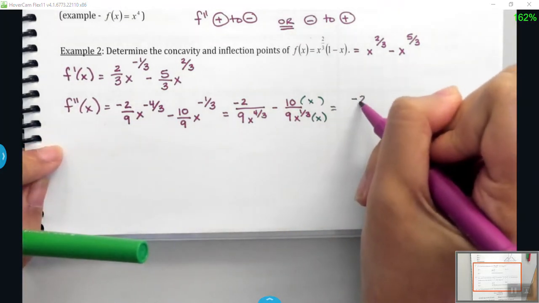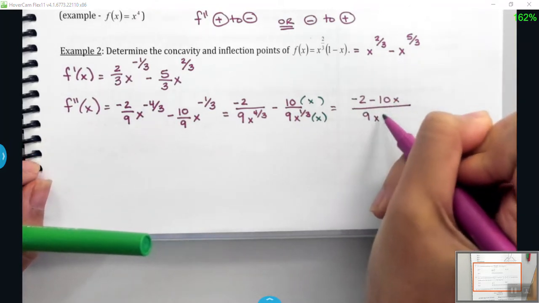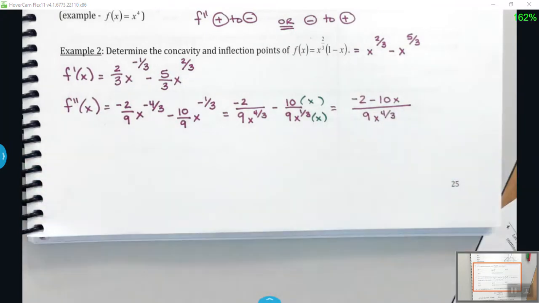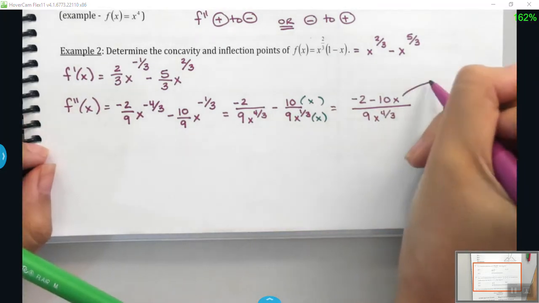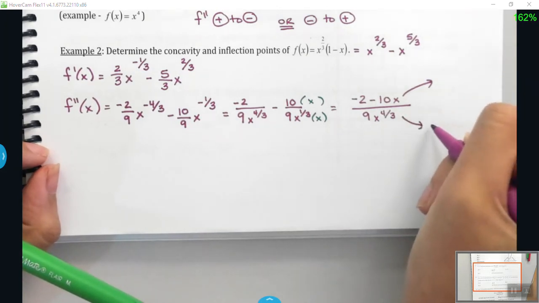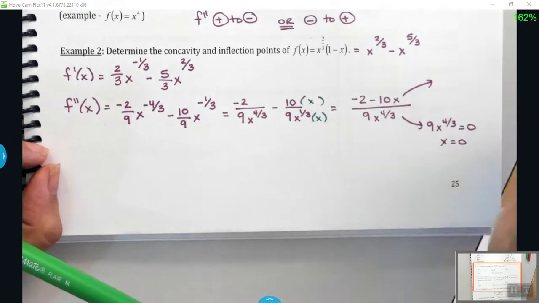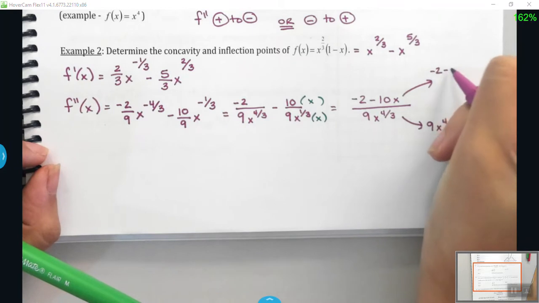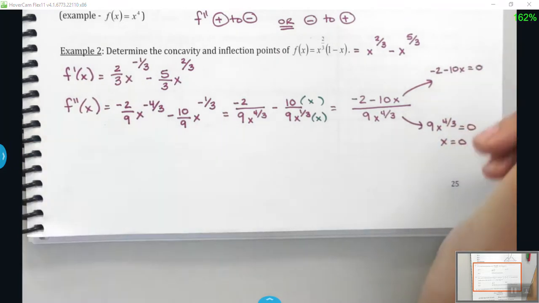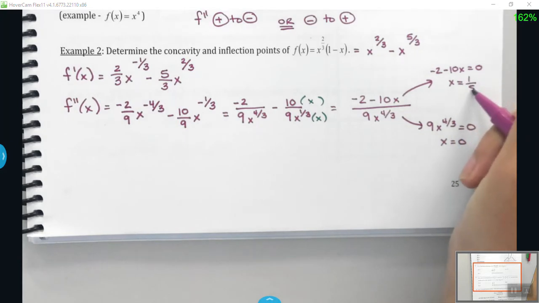And I would have negative 2 minus 10x all over 9x to the 4/3. Good? All right, again, we have to set the top equal to 0 and the bottom equal to 0. So x equals 0 on the bottom, and negative 2 minus 10x equals 0, and x equals negative 1/5. Weird number.